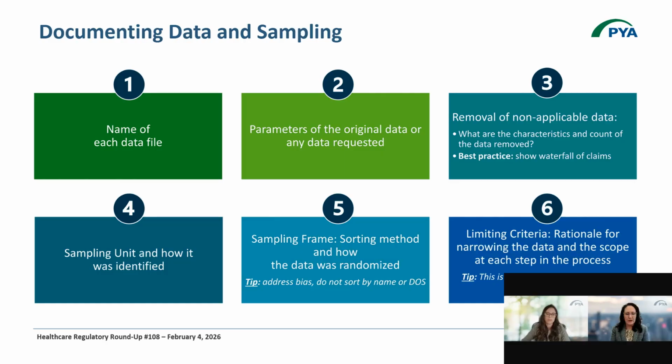Having all of this documentation is necessary in order to duplicate the review again. And what you'll see here in a little bit as we get into the statistics, you have to be able to replicate the review in order to support that it was a correct, accurate review. So this allows you to potentially replicate that review in the end by taking all of these steps.